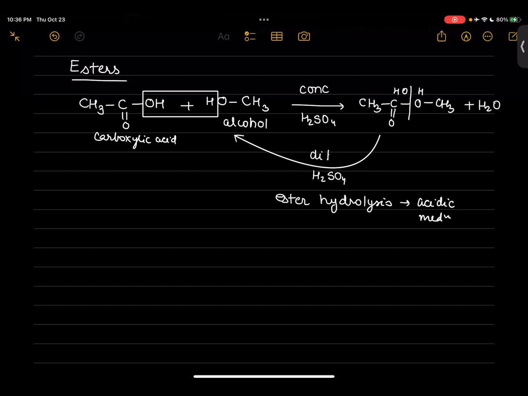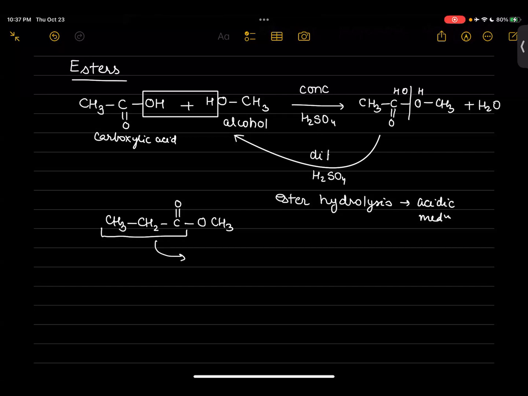So how are esters named? The parent chain of the ester is the part which contains the CO. You need to find the number of carbon atoms in it.